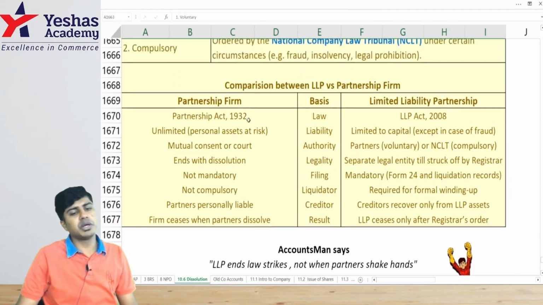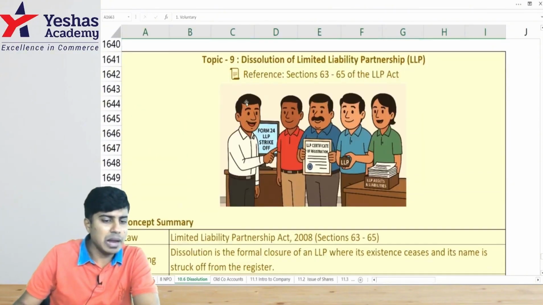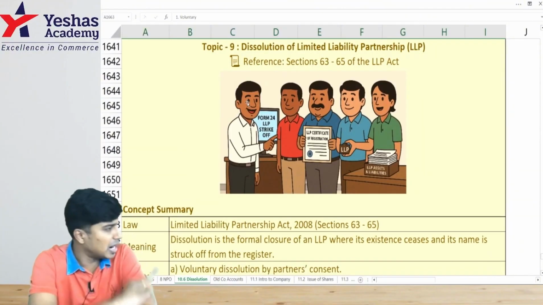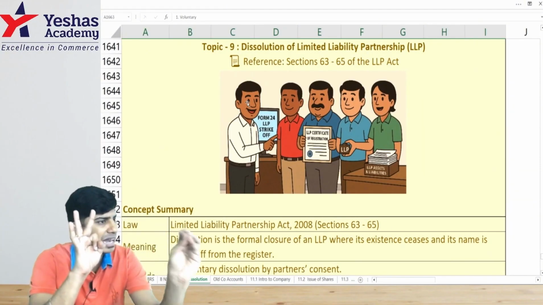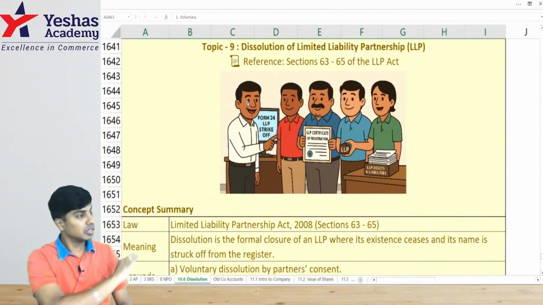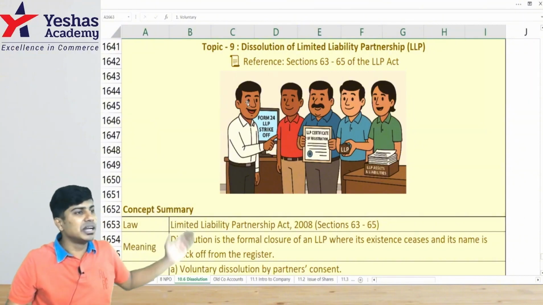The only difference between limited liability partnership dissolution and partnership dissolution is that the liability of the partners is limited. Rama, Bhima, Soma are partners. If the firm does not have enough money to pay liabilities, neither Rama, Bhima nor Soma is supposed to bring in extra money. They are not required to. Why? The liability is limited.